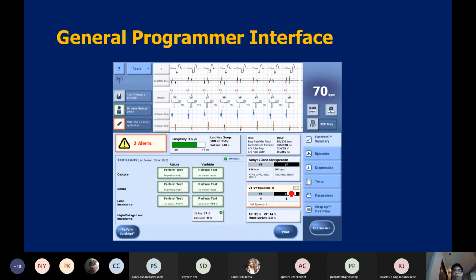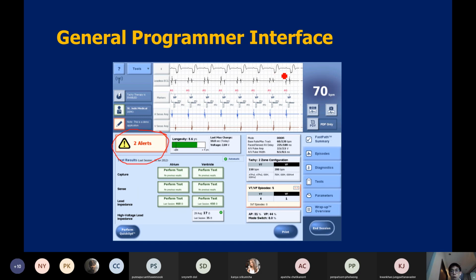This is the interface of the programmer. You can see that on the left side there are two alerts. These report that you have some kind of malignant arrhythmia, or that a therapy has been delivered in the past few days or in the period that you didn't come to check.